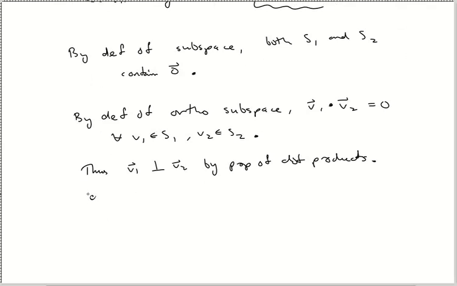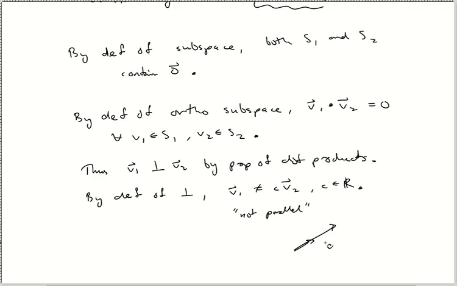So by the definition of perpendicular, I know that v1 cannot equal c times v2 for some scalar c. This is the fancy way of saying not parallel. They're not scalar multiples of one another, but either way is fine.